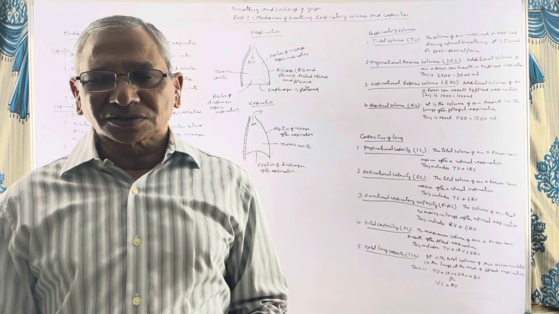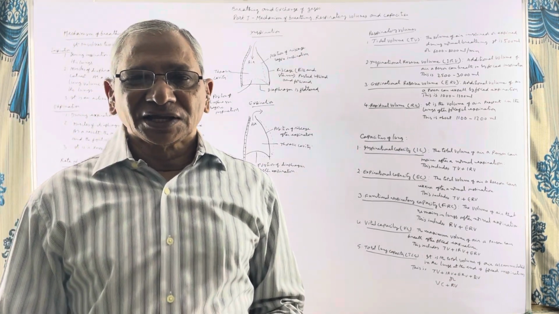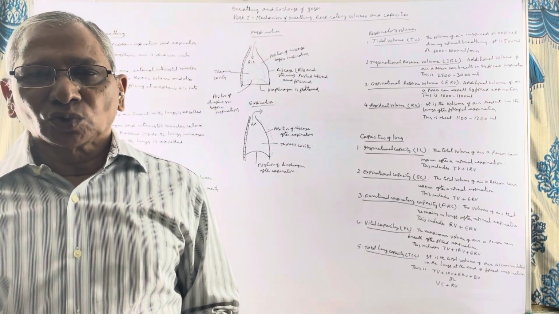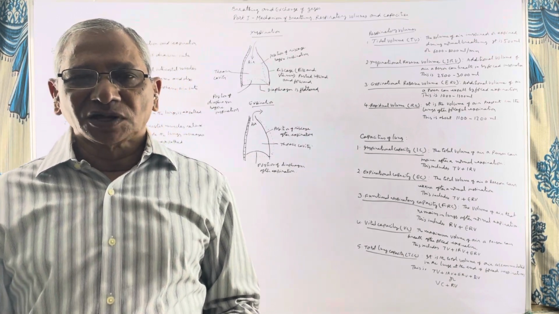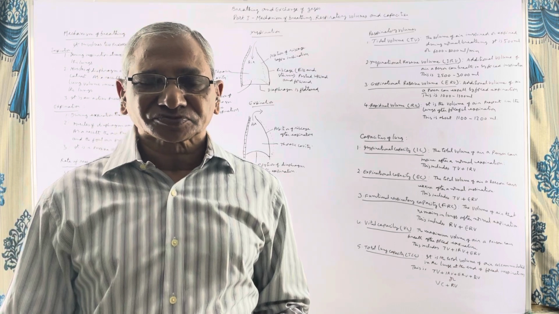In simple organisms like protozoans, poriferans, cnidarians, platyhelminthes, etc., no separate respiratory system is present. The diffusion of respiratory gases takes place through their body surface.